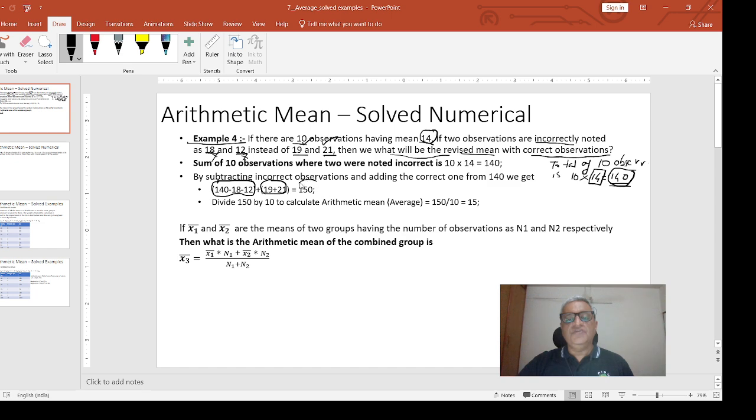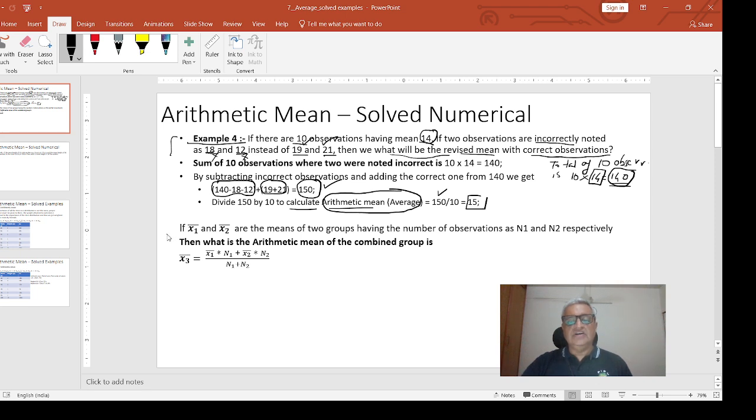After doing this, I get 150 as the total of 10 observations. Hence, the correct arithmetic mean for 10 observations would be 150 divided by 10, that is 15. Okay, so this is how we have solved this example.